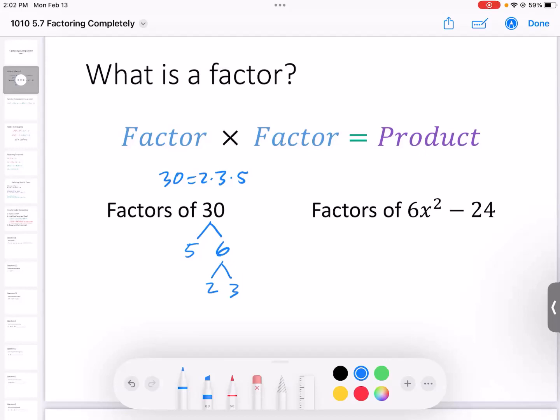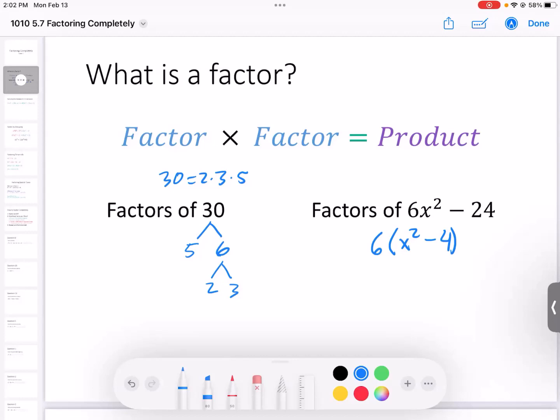And we do the same thing with polynomials, because I could factor this polynomial because both of these terms are divisible by 6. I could factor out a 6, which leaves me with x squared minus 4. And this is factored, but it's not fully factored or completely factored because x squared minus 4 is a difference of squares.